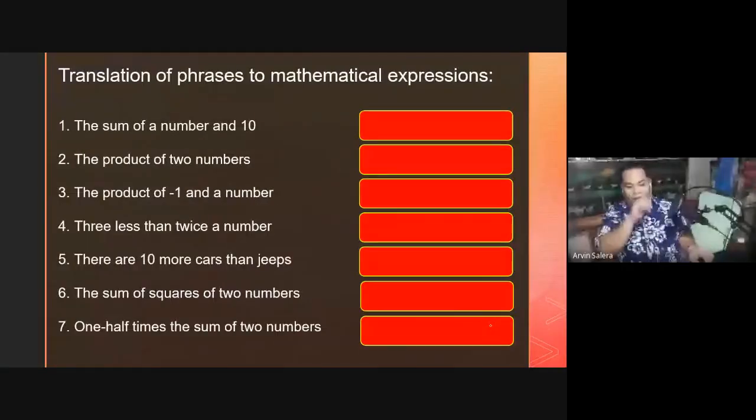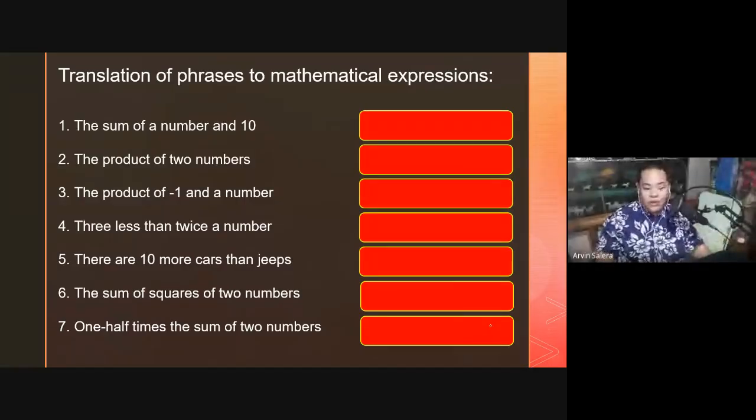Okay, so, translation of phrases to mathematical expressions. This is where it starts to get challenging. The sum of a number and 10. What do you think will be the mathematical symbol of the sum of a number and 10?